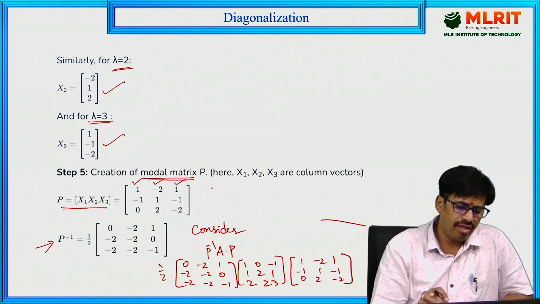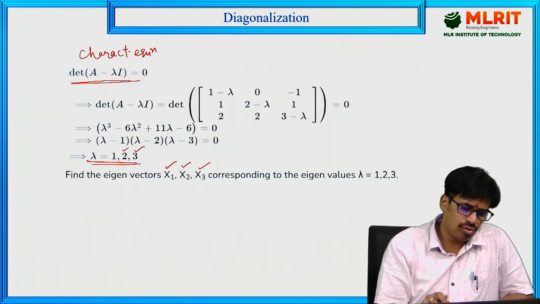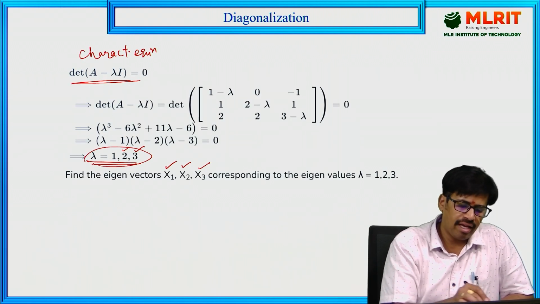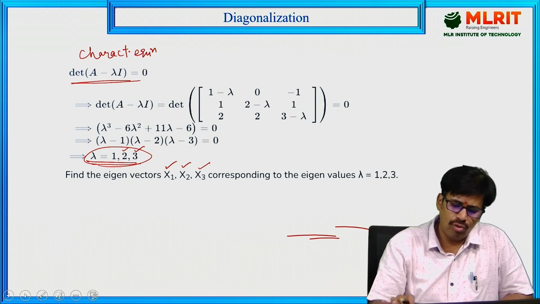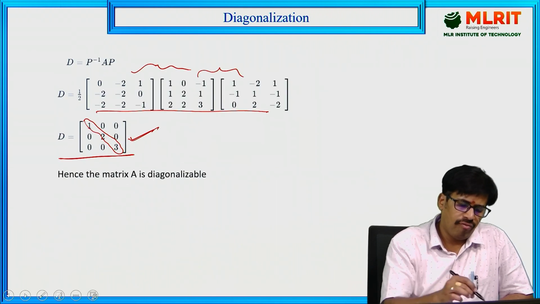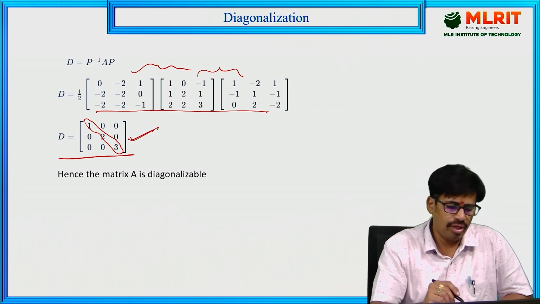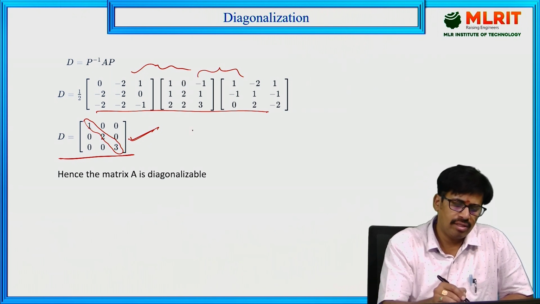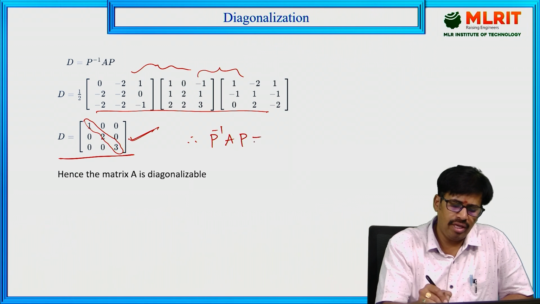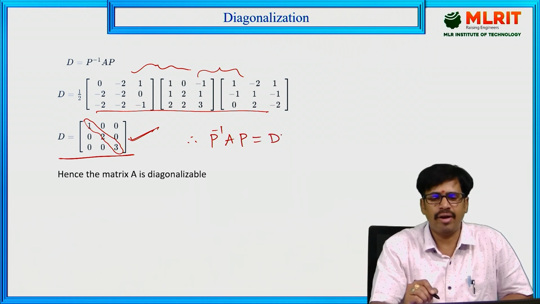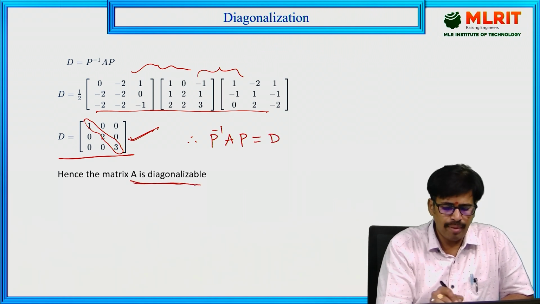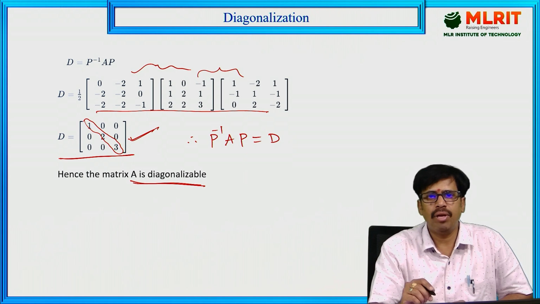We can observe what the eigenvalues for this matrix are: 1, 2, 3 are the eigenvalues. So only those values we get in the diagonal form, the diagonal elements 1, 2, 3. So this is the diagonal matrix. Therefore P inverse into A into P is equal to the diagonal matrix. So we say that the matrix is diagonalizable. Thank you.